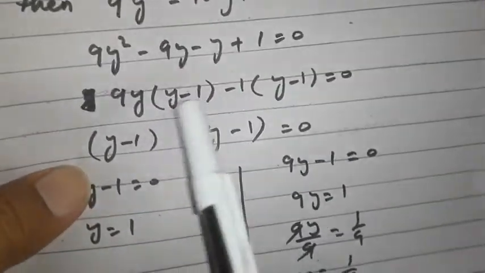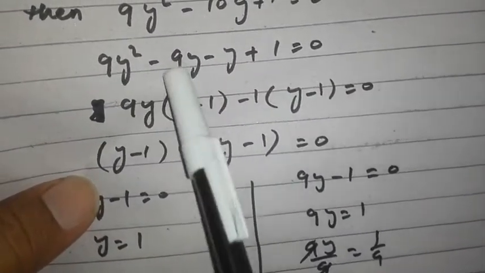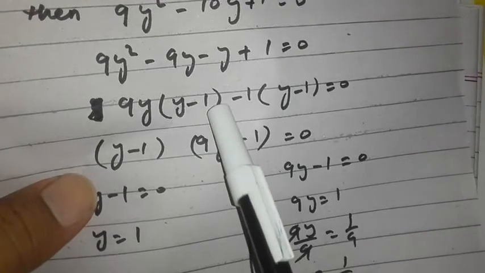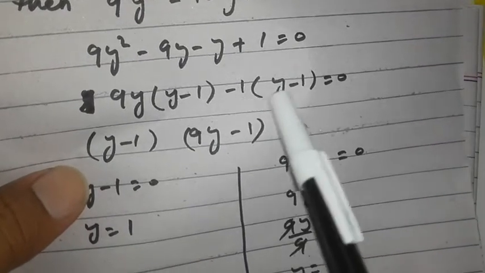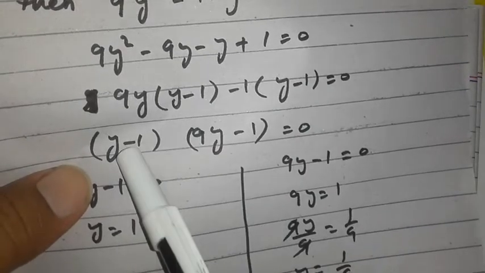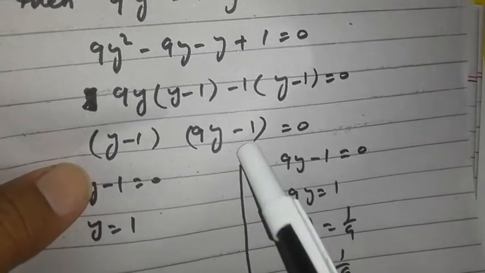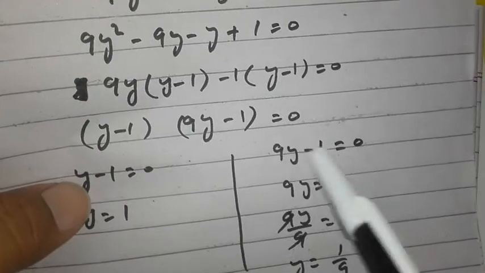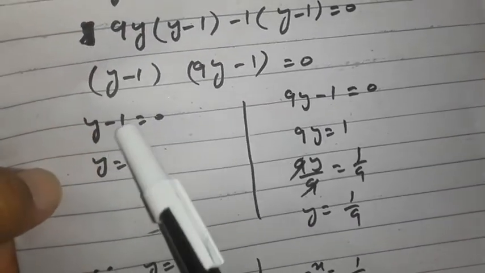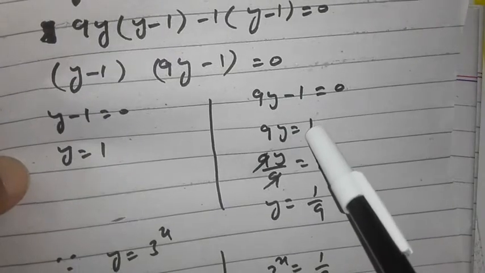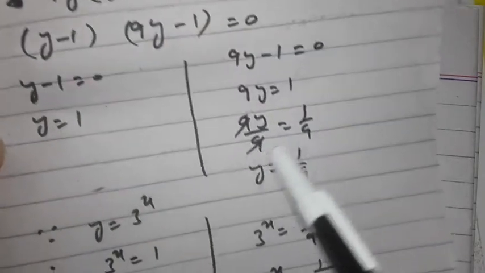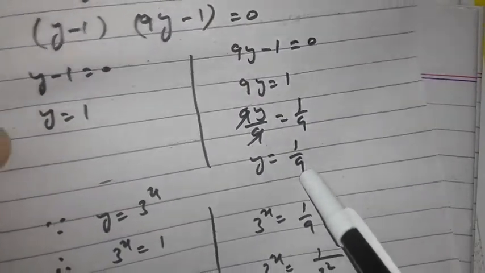So here take 9y common from these two terms, here remains y minus 1, and minus 1 common from these two, here remains y minus 1. Take y minus 1 common, so 9y minus 1. This one equal to 0 and this equals to 0. Shift this one to the right side, it becomes plus 1, and it also becomes plus 1. Divide both sides by 9, so we get y equals to 1 by 9.